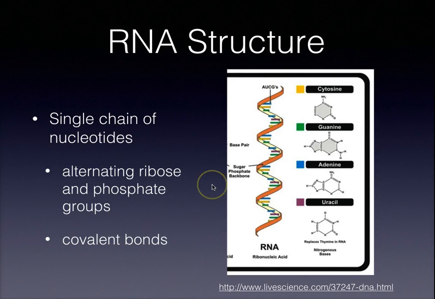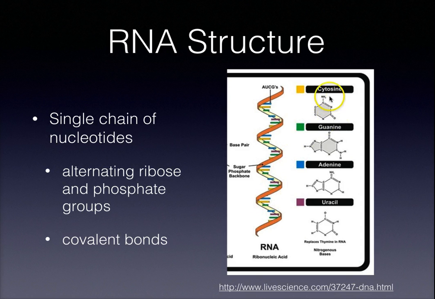And that single strand again has alternating ribose and phosphate groups that make up the backbone of that chain. And then these nitrogen-containing bases are kind of hanging off that backbone. And again, the sugar and phosphates are covalently bonded together.